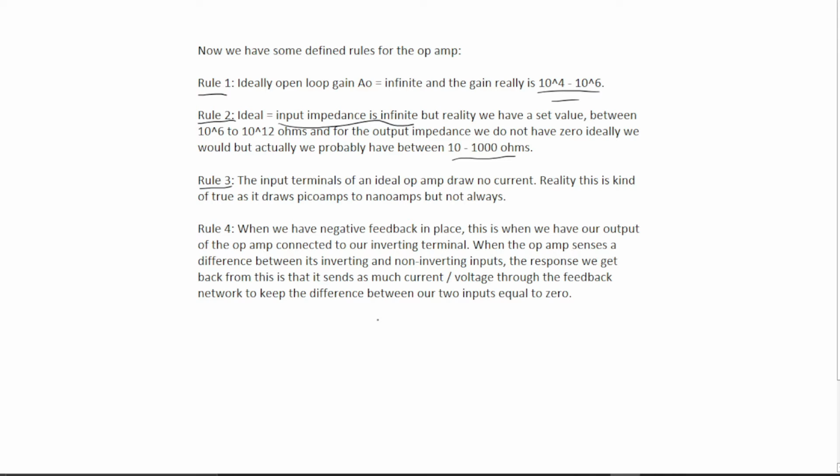Just remember this. I'm going to soon explain what this means. If you remember that inverting amplifier circuit we had just simulated in Multisim and calculated, that feedback resistor was our negative feedback.